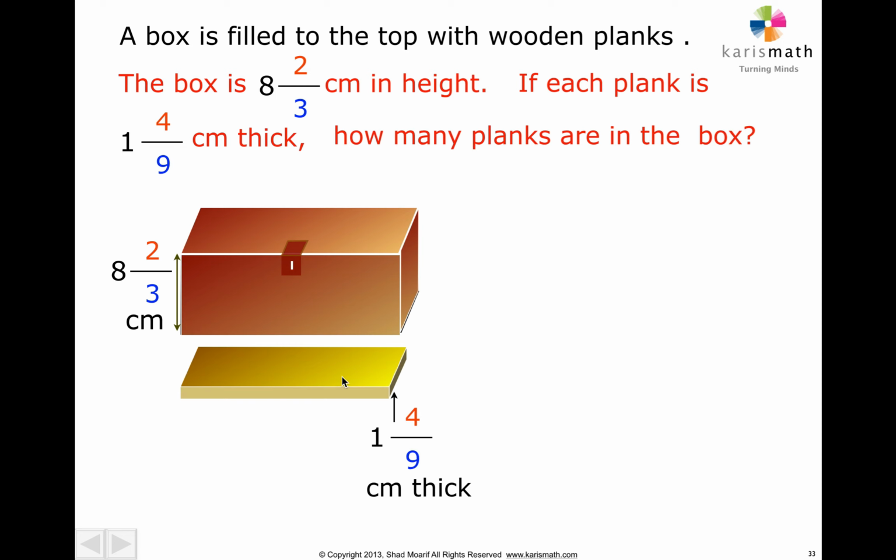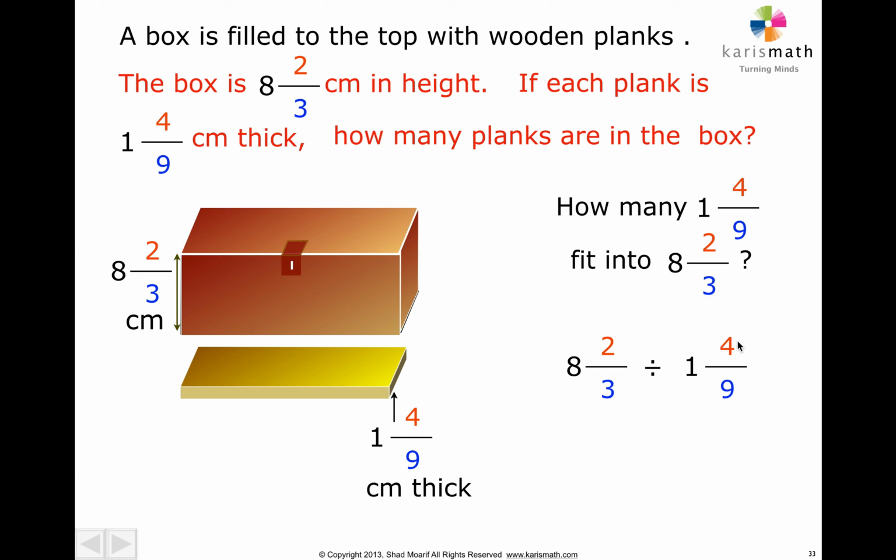How many of these planks would fit into this box? Now notice, the moment you're talking about how many of these fit into this, this is the first fraction, 8 2/3. And so how many 1 4/9 fit into 8 2/3? So 8 2/3 comes first, 1 4/9 comes afterwards, with the division sign in between.